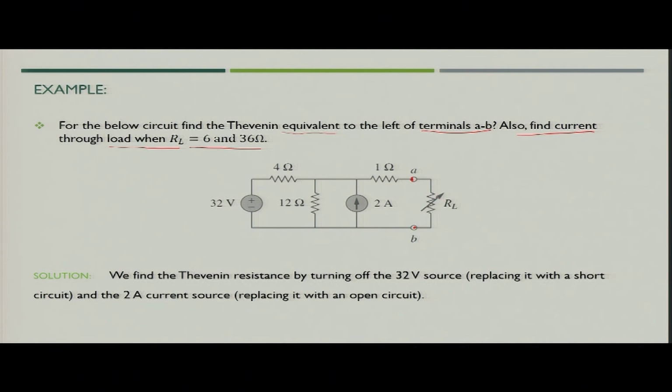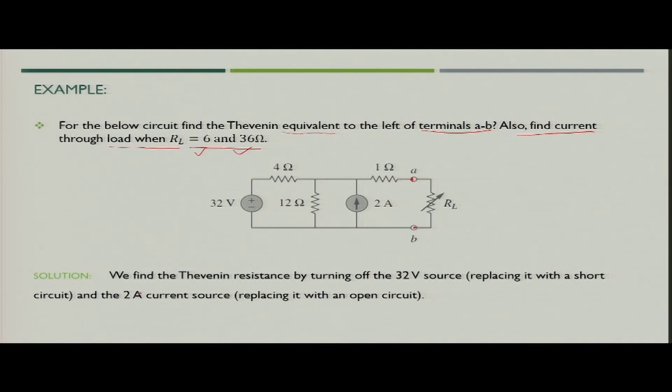This is the variable load; it will keep on changing. So, you need to find the value of current through the load under various loading conditions. For this particular case we are considering two different loading conditions, where RL is 6 ohm and 36 ohm.